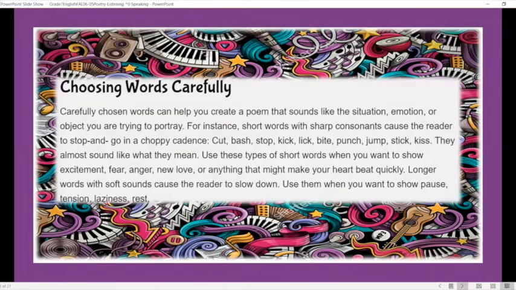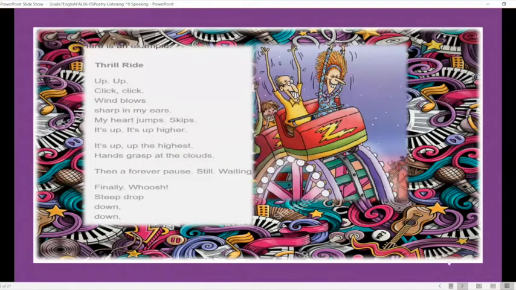And then we discussed the words that we could use to make a poem more effective. We did this yesterday. We read through the thrill ride: up, tick, tick, wind blows sharp in my ears, my heart jumps, skips, it's up higher. So it kind of gives you the feeling that it's happening now and it's happening quickly.